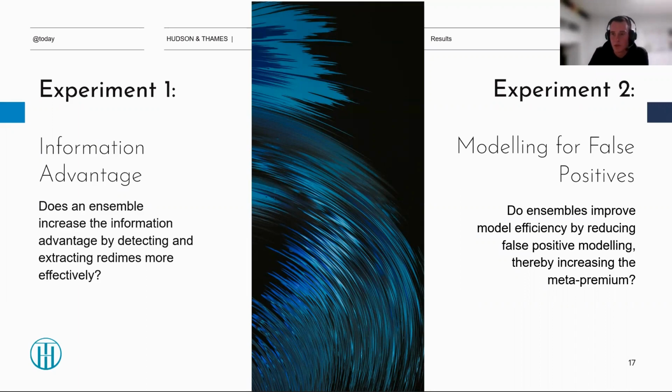And then we produce a more precise forecast by fitting the secondary model that would take this data into account. And the meta premium is the difference in the trading strategy between the secondary and the primary model.